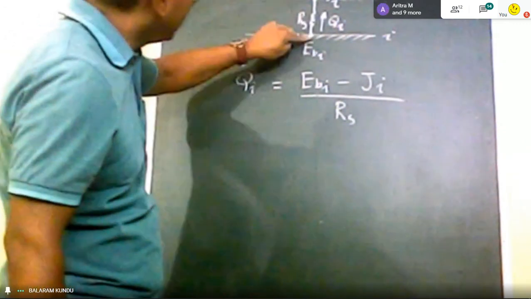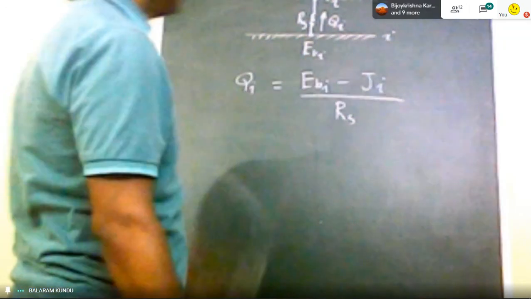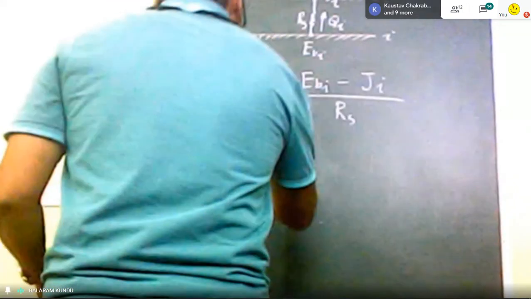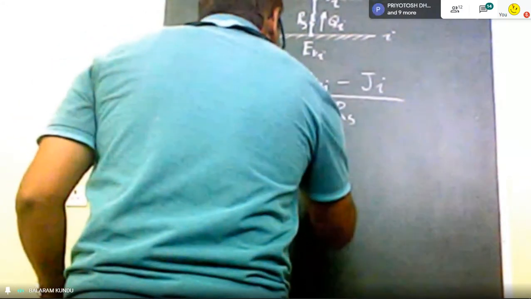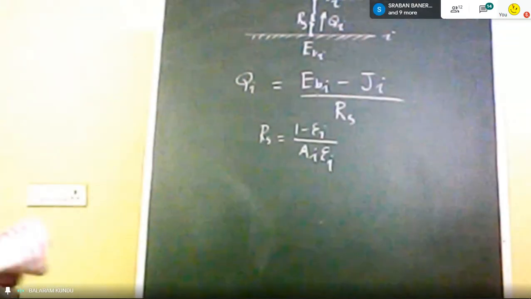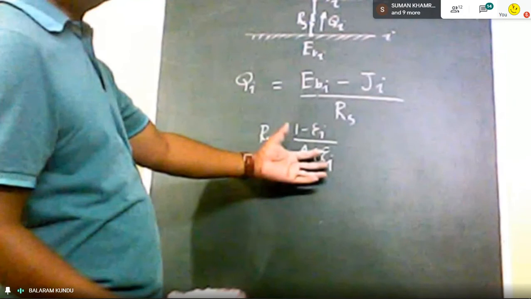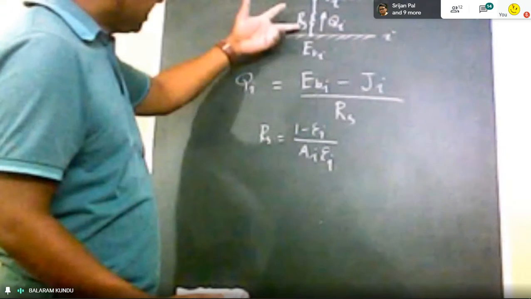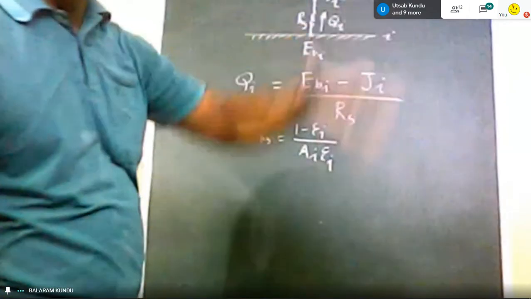And for a real body, resistance is there, and the surface resistance equals (1 minus epsilon i) divided by (Ai times epsilon i). Surface resistance will be known because emissivity will be known. If surface resistance is known, then (Ebi minus Ji) divided by Rs is equal to Qi.